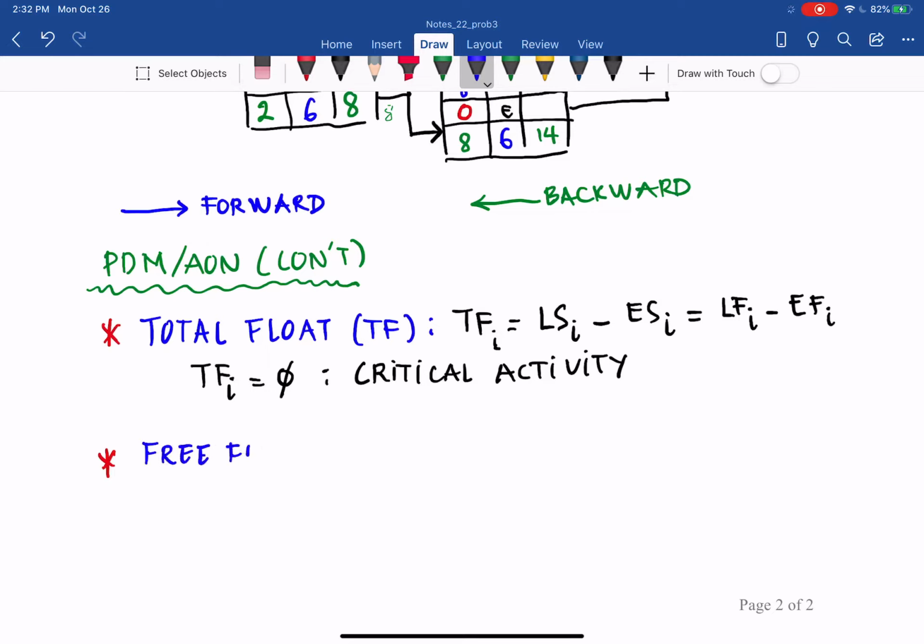Free float, that is FF. And what is that here?